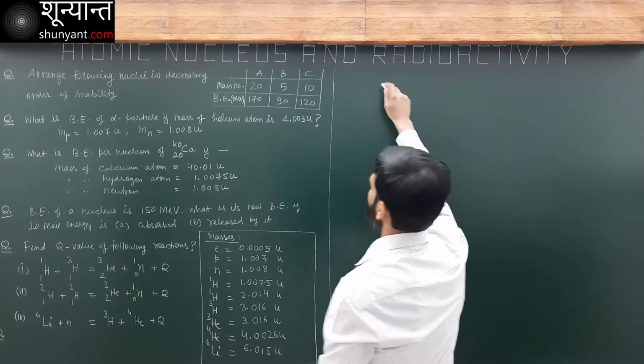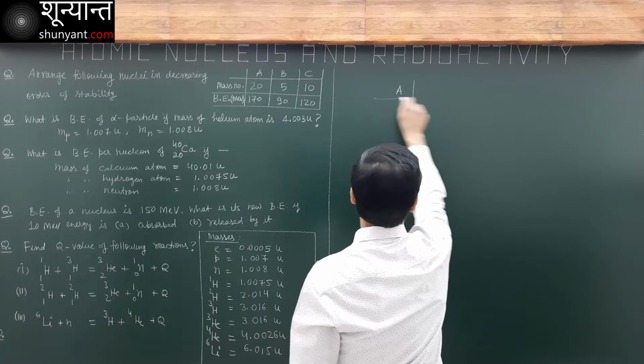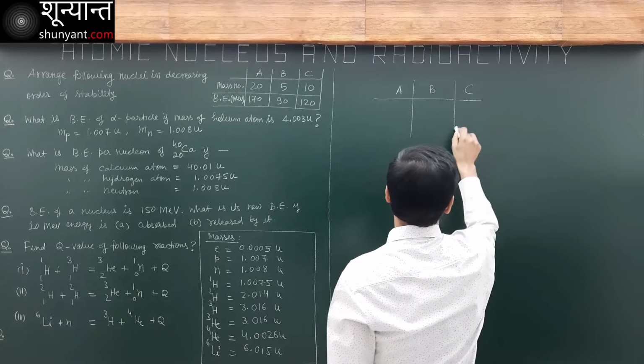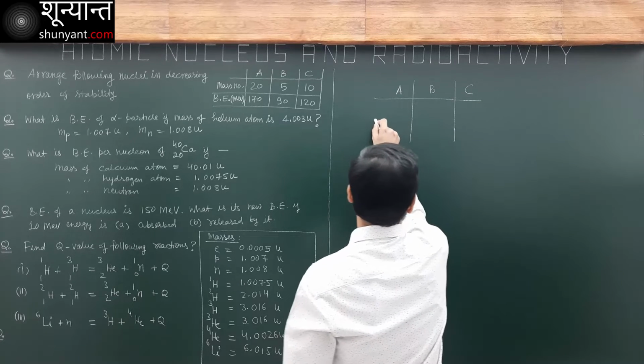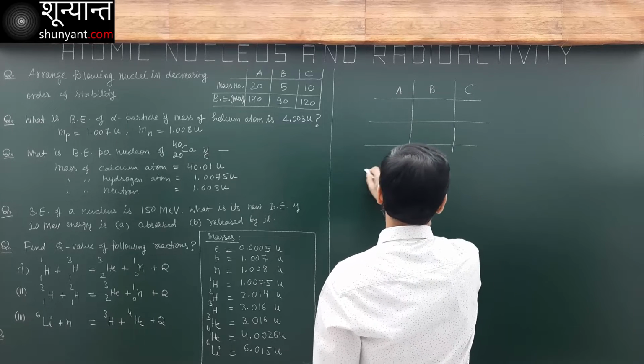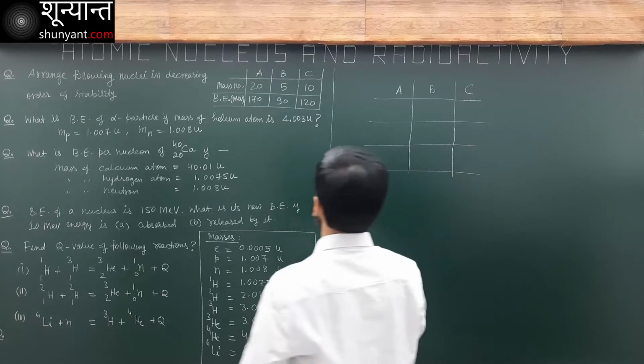I have three nuclei, A, B and C. Their binding energies and mass numbers are given, and we have to find the order of stability.